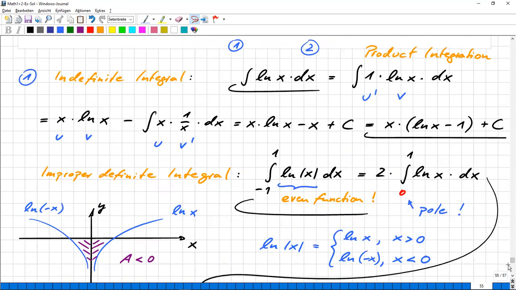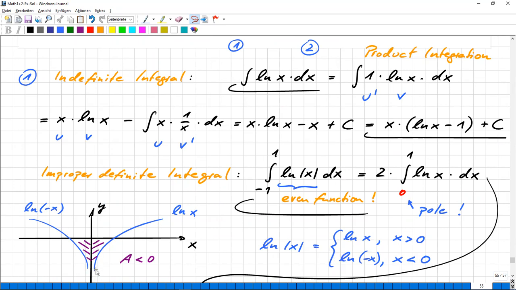And you can see the graph of this interesting function ln of the absolute value of x, if you make a case distinction and say it's just ln of x in the positive domain, but it's ln of negative x if x is negative, because negative x in this case gets positive. Look at the blue graphs here.